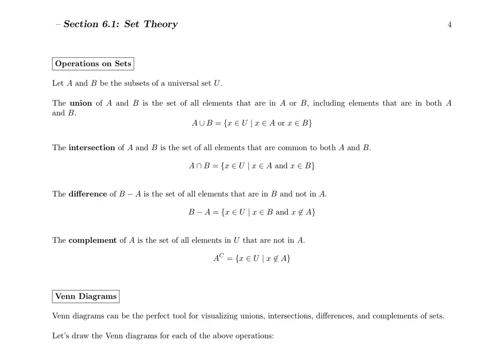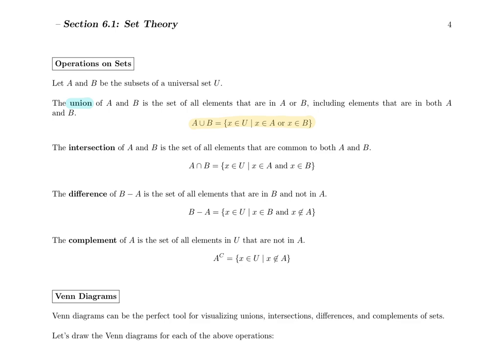So we let A and B be subsets of the universal set U, then we can define the union of A and B to be the set of all elements that are in A or B, including elements that are in both A and B. So our official definition here says that A union B is the set of elements X in the universal set such that X is in A or X is in B. And note to those of you who are used to programming, this is not an exclusive OR.